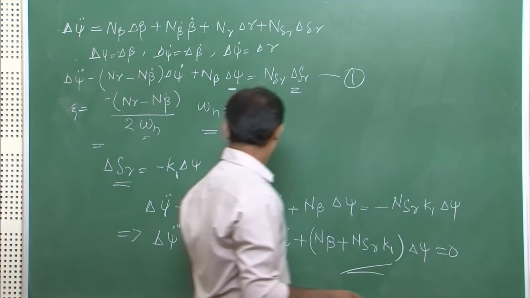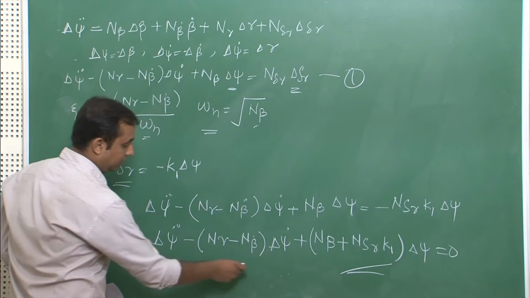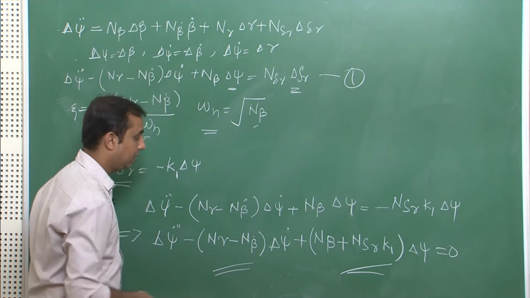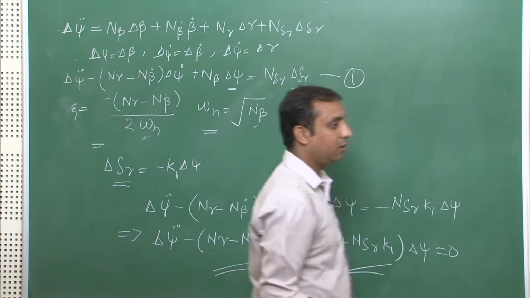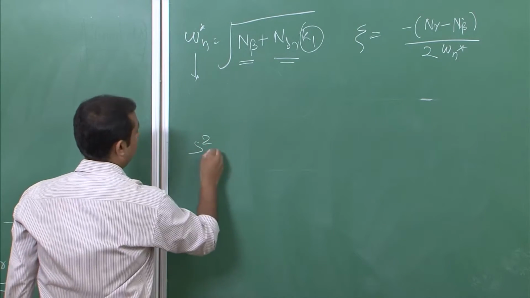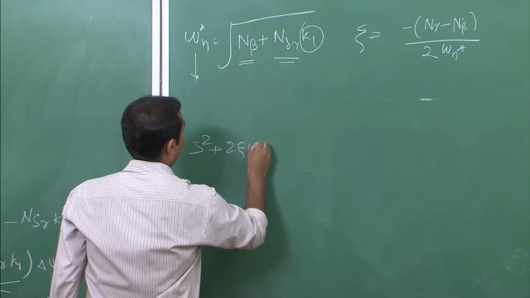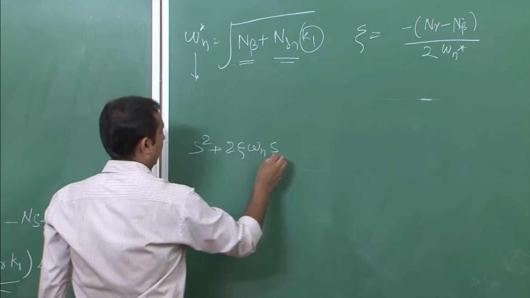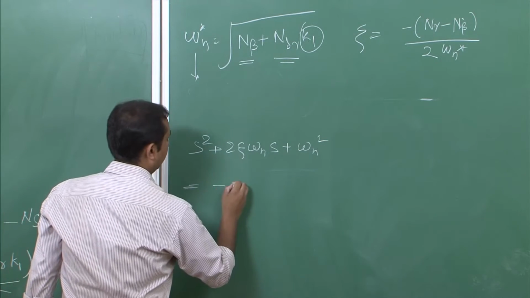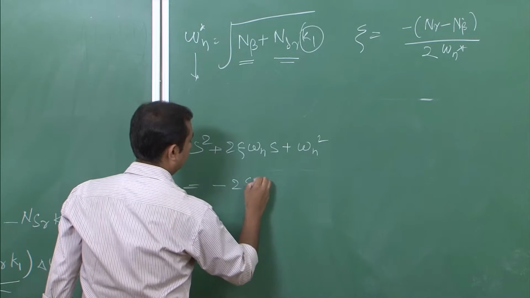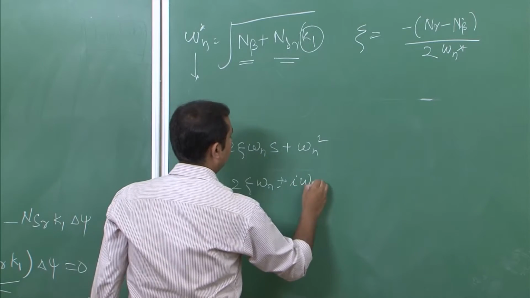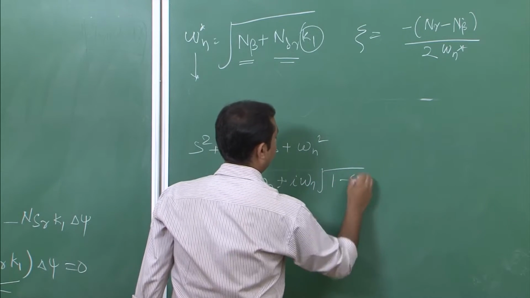But see that still your real part is the same, since you know that for any second order system represented by s squared plus 2 zeta omega n s plus omega n square, the roots are given as minus zeta omega n plus minus i omega n root over 1 minus zeta square.